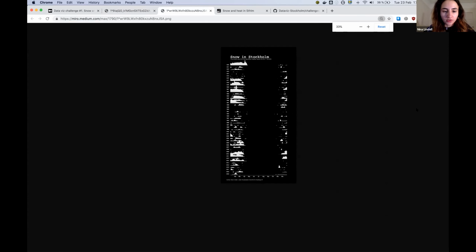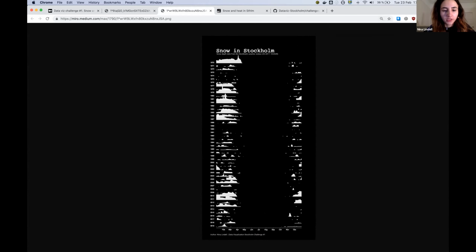So I wanted to show this time perspective. But as you can imagine, having so many years in a normal line plot will result in noodles. And also, if these lines were on top of each other, then the visualization would be very, very long.